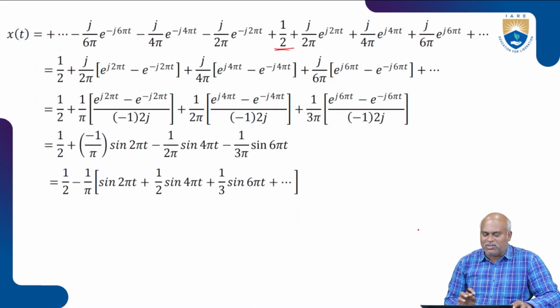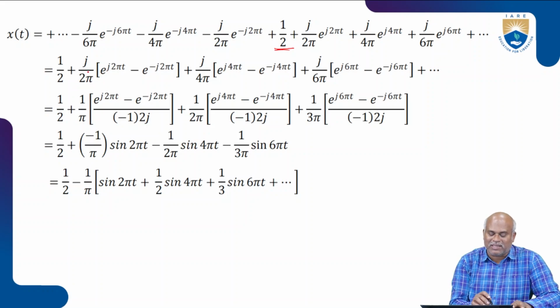Then after we need to simplify this equation. After substituting those values, I take out the common values that are present. The 1 by 2 I take out. There is no relation between any value. Then j 2 pi is there here, here also j 2 pi is there. We take it out.